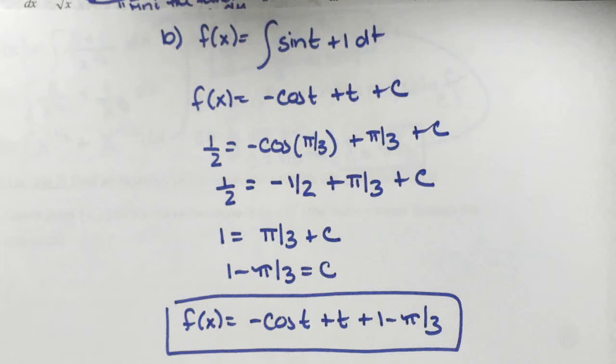So again, like I mentioned, the integral of sine should be a negative cosine, and the integral of 1 should be t. And then you plug in 1/2 for y and pi over 3 for x. And remember, you can't subtract the 1 and the pi over 3 since they're not like terms. So any questions on solving an initial value problem?